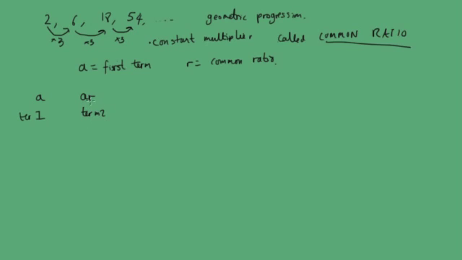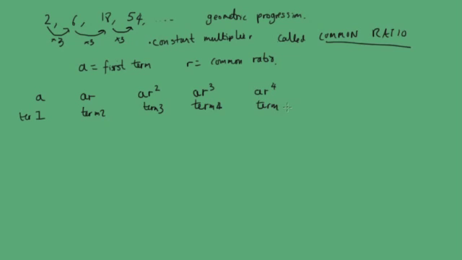Now for the third term you would multiply this by R again, which gives us AR squared is term 3. Next time you multiply that by R again, which would then give us AR cubed is term 4.